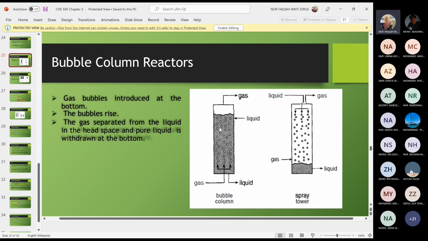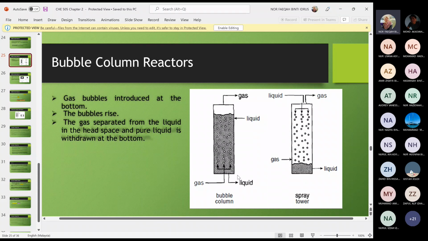Okay, and then reaction berlaku, liquid ni we fill in before we introduce the gas. We fill in the vessel before we introduce the gas, and then after introduce the gas, reaction occur, and then the product released, ataupun withdrawn, from the bottom.